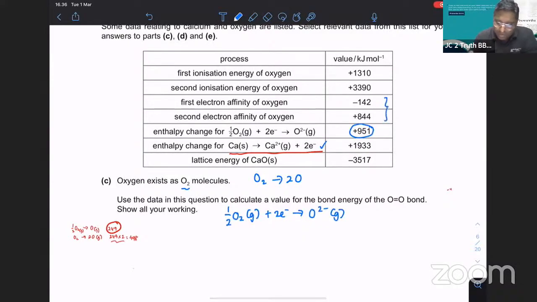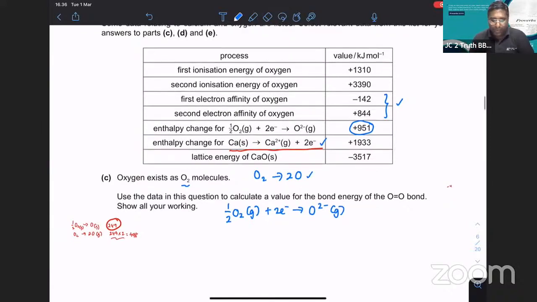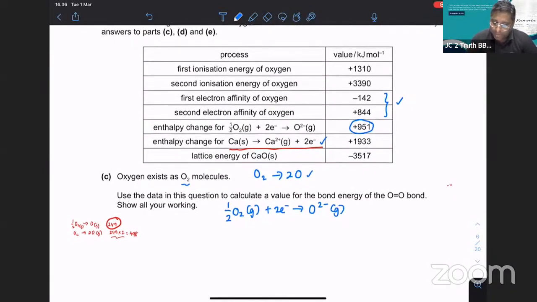So what I can see is I can combine this equation, because if I use these two equations, I will get the O in the form of negative ion, and I can somehow use this value to calculate my bond energy value. I'll show you. For the first electron affinity, we know that oxygen is going to add electrons.